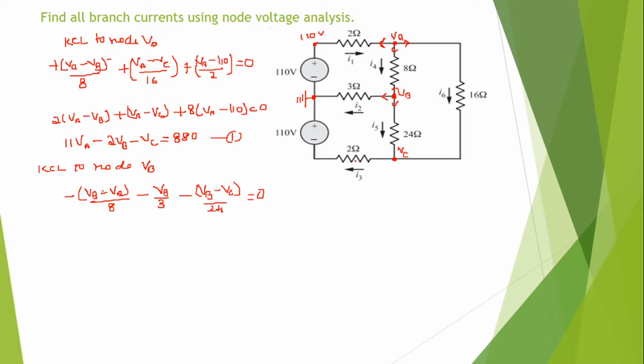A current source is not present connected to this node VB. So, all of these are currents through the passive elements.